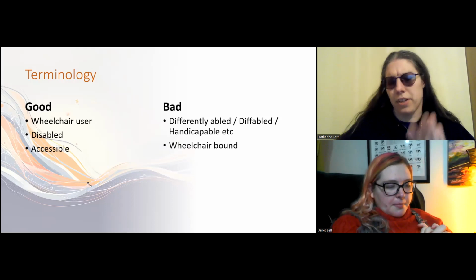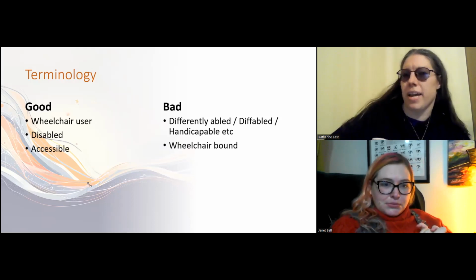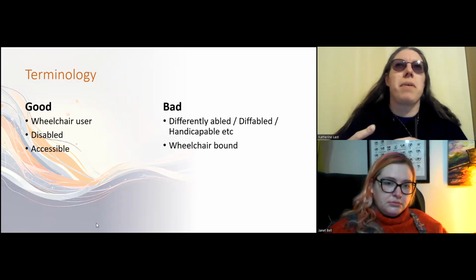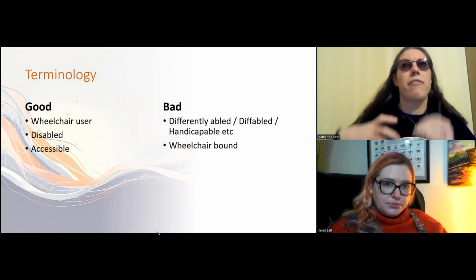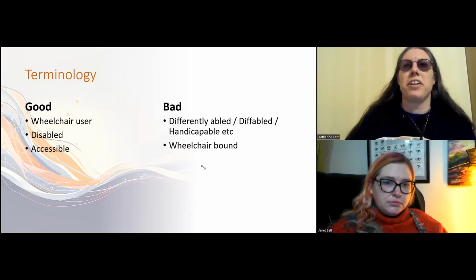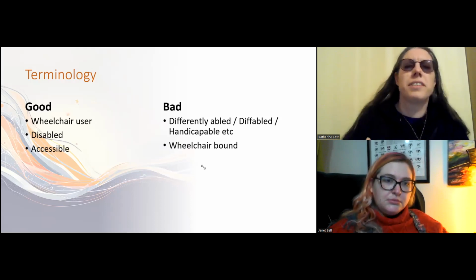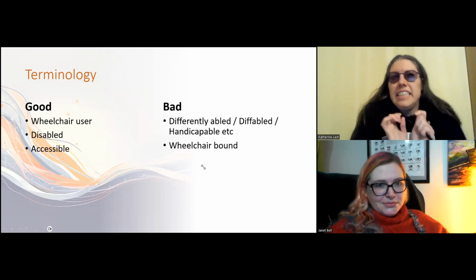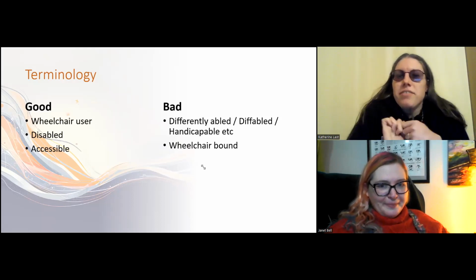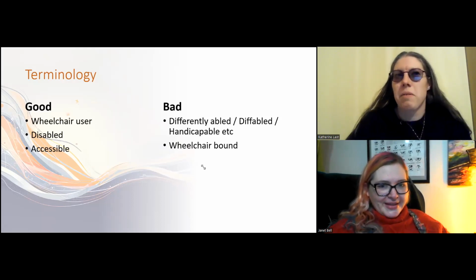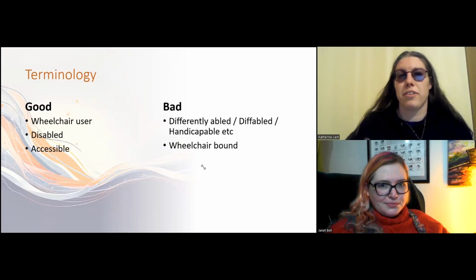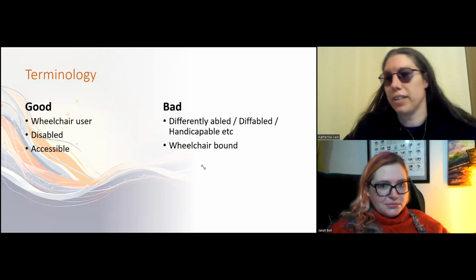A lot of the terms like differently abled, handicapable, etc. seem nice and cutesy, but it's just a way for non-disabled people to avoid using the word disabled and tiptoe around things and wrap themselves in cotton wool. And actually, by using that sort of language, it really reinforces and exacerbates the notion that disabled is a dirty word.